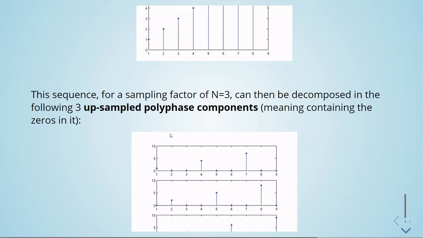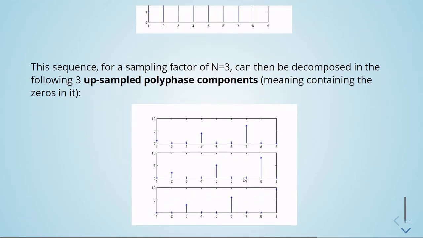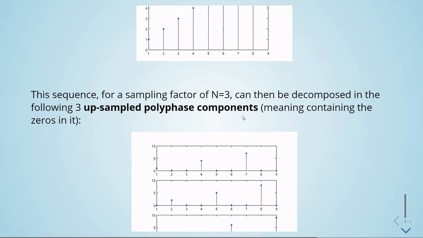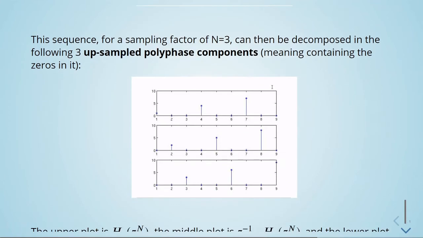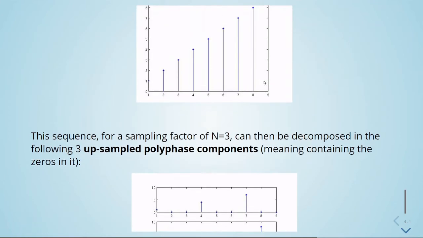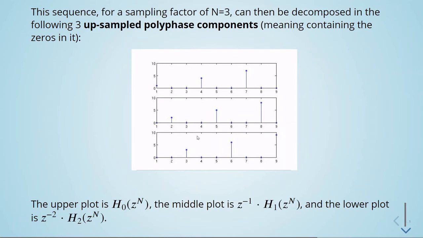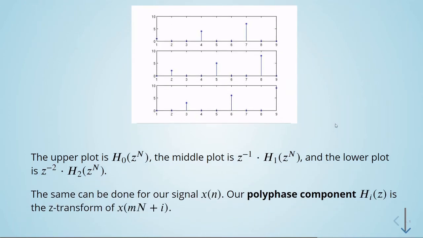Then we have 2, 5, and 8, and we also have these zeros. Then we have 3, 6, that is shown here. So the upper plot is phase 0, the middle is phase 1, and this is phase 2. The same can be done for our signal x of n.